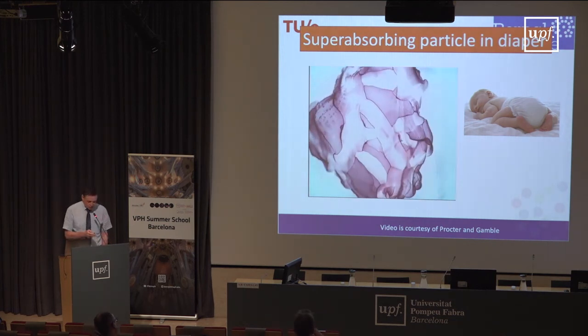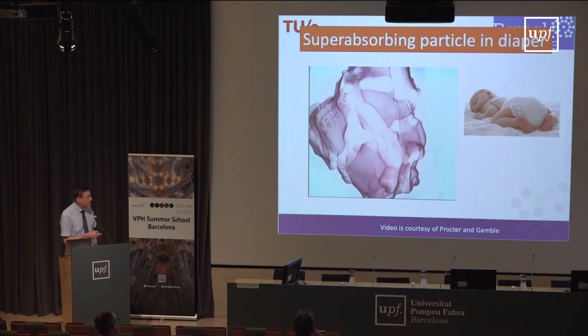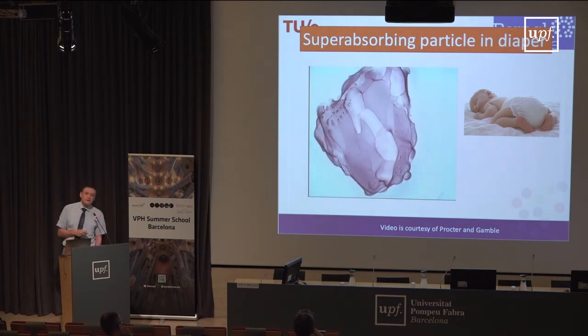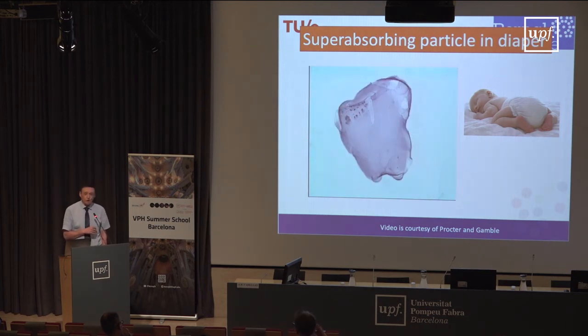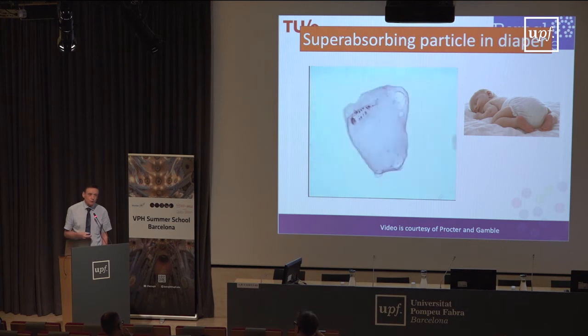Diapers are highly swelling. A very efficient product, which all of you who have had children have used a lot. And if you go down to what happens inside the diaper, you find small beads of hydrogel, which swell about 30 times their own volume.